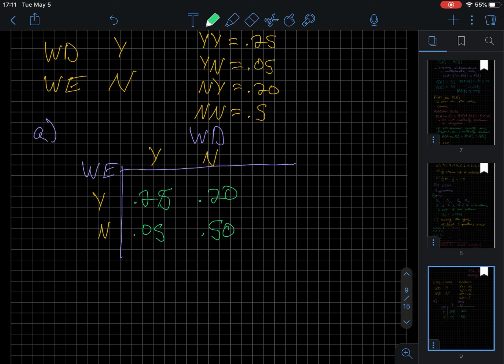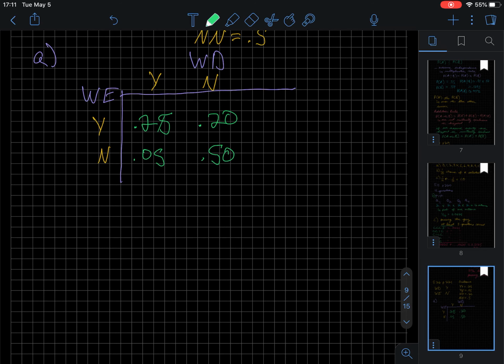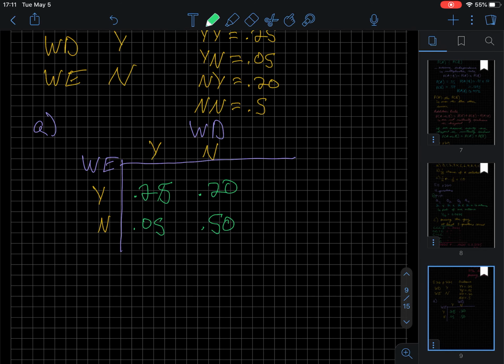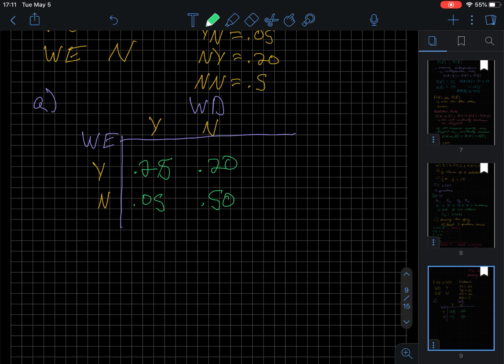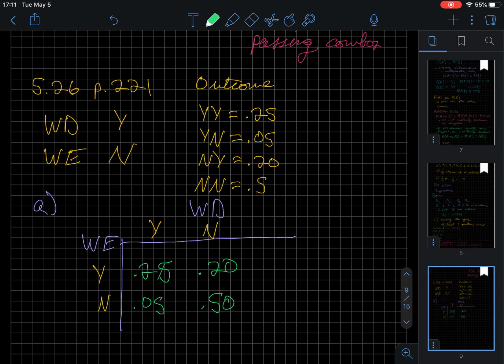So these are tabulated as weekday. Oh, I put it in wrong. That's why. This is correct, just trust me on this. On the weekend, it probably should have been yes, and then no's on those.